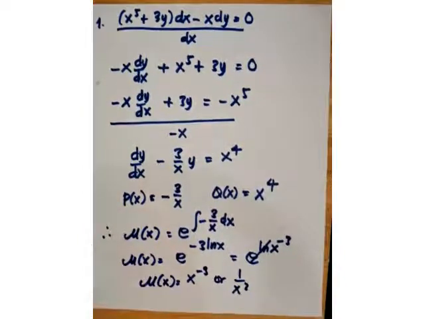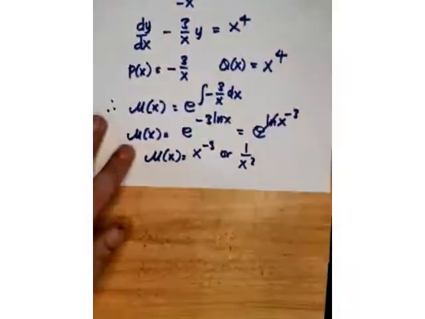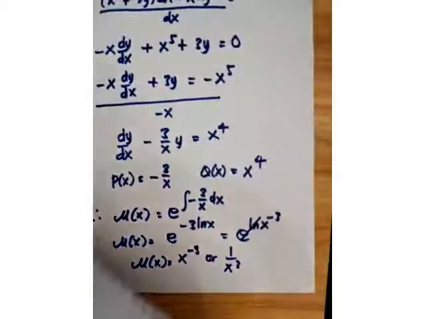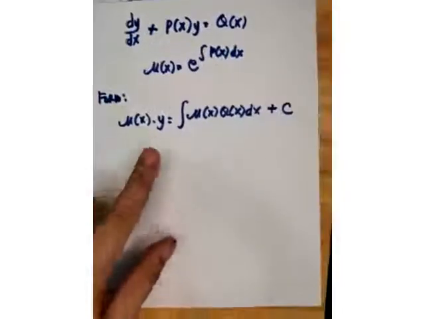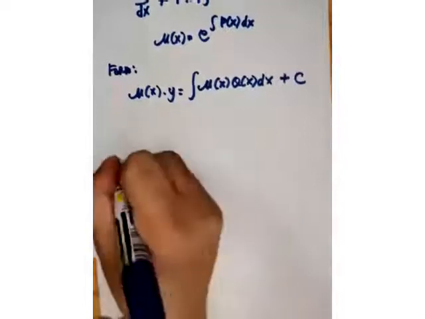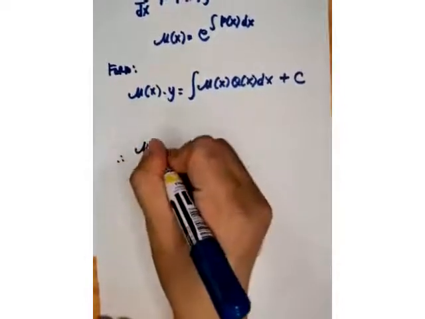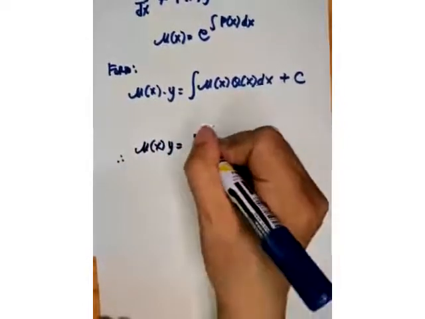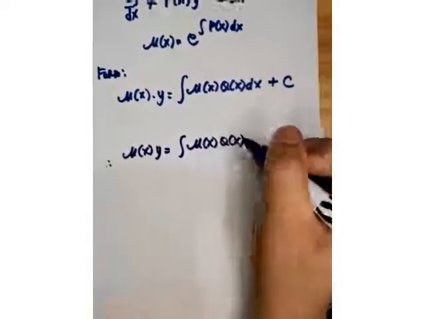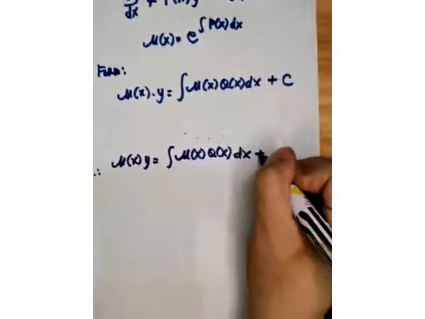1 over x cubed. Okay, pag nakuha na natin yan, so we will then be using the formula. Ayan. So ang gagawin lang natin ay copy natin. So therefore, to our form, copy ko na nga lang muna yung formula: integral of mu of x, q of x, dx plus c.